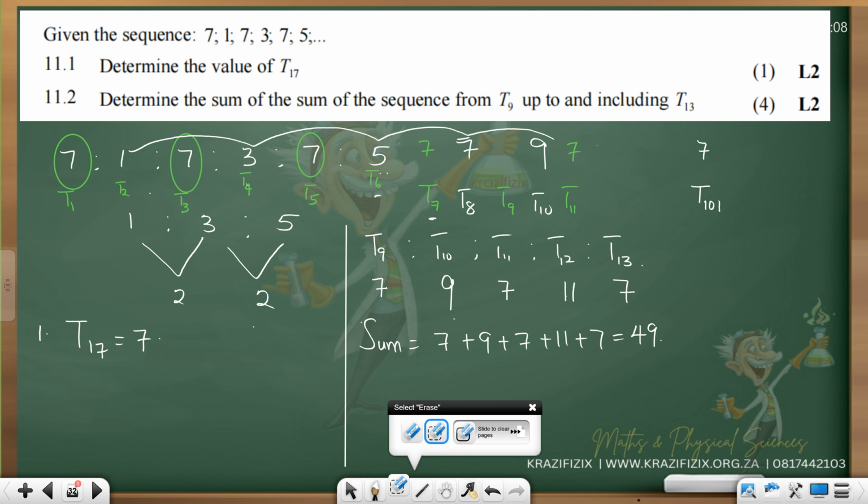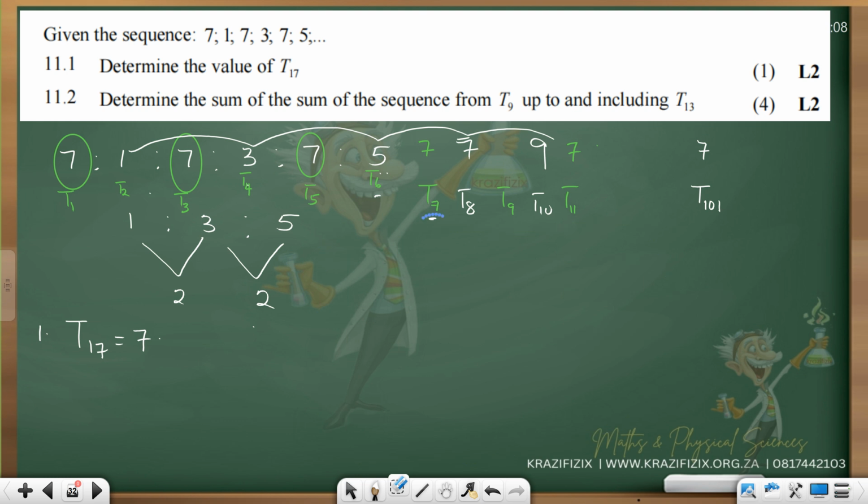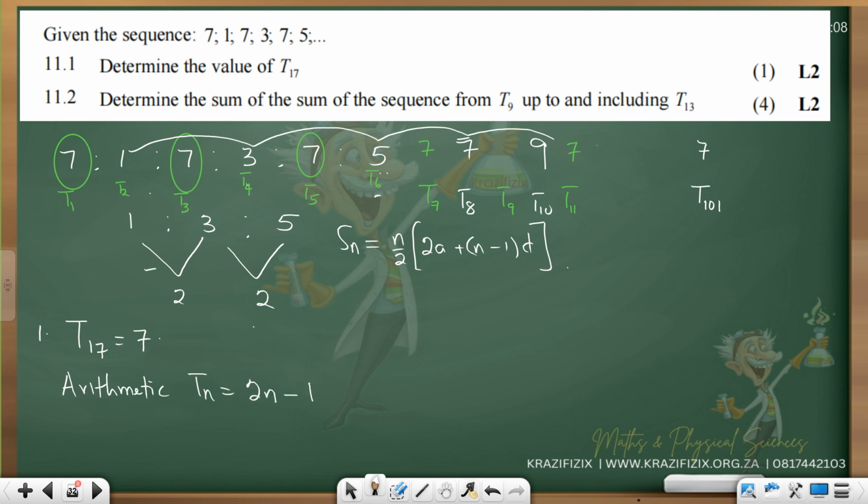Okay. All right. So check this. Now, let's find, remember, Sn will be what? N over 2, 2a plus n minus 1 d. You've got to be careful on this one. So watch the system. The first thing I know is that for the arithmetic, my Tn will be 2n minus 1. Is that making sense? We've been through that.